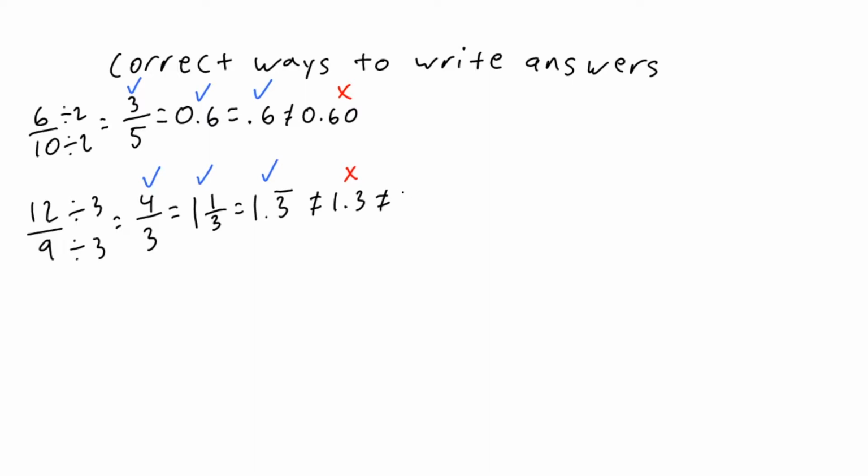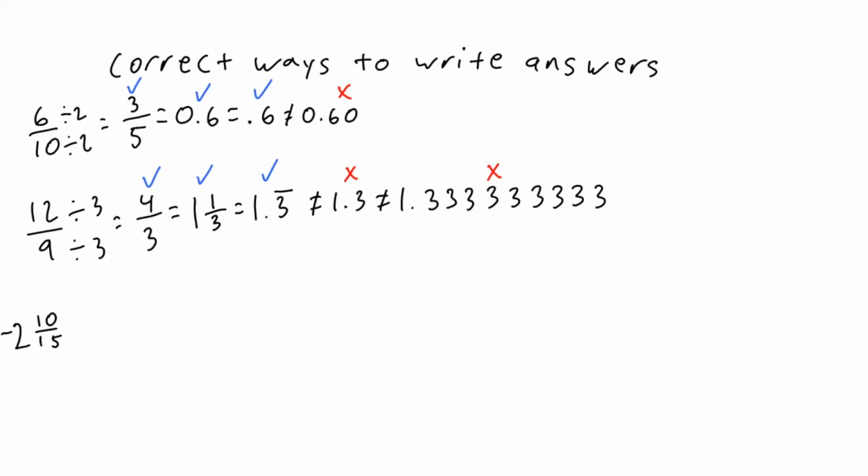It's also not whatever your calculator says, which is probably 1.333333333. Just because that's what your calculator says does not mean it's right. Your calculator rounds. You should not. Don't round unless I tell you to. So this is also an incorrect way to write the answer.